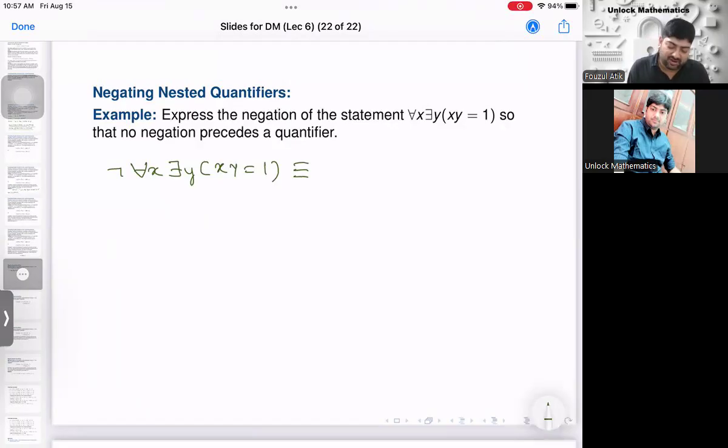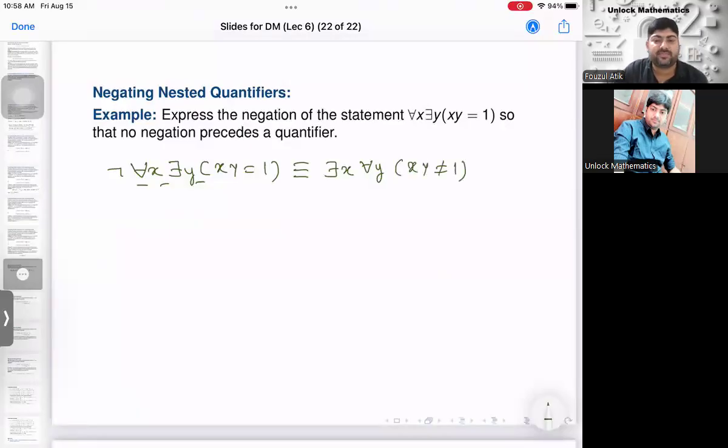Now what is the expression we are going to get? The negation of for all x: we know De Morgan's law for quantifiers. This will become there exists x, then the negation will appear here. Then the negation of there exists y becomes for all y, then the negation appears on x times y equals 1. The negation of x times y equals 1 is x times y not equal to 1.